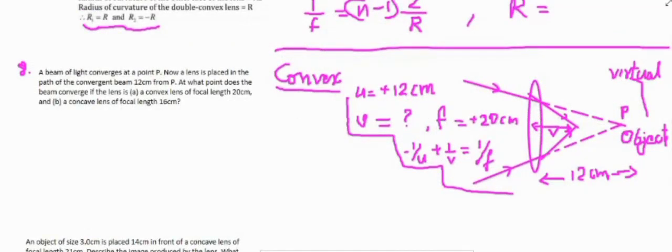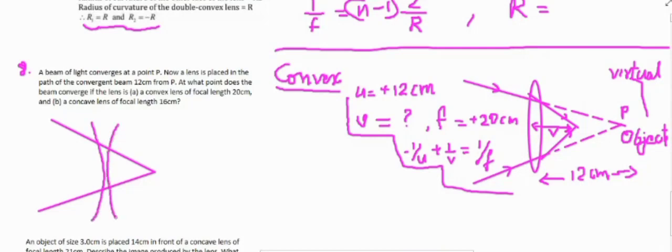Now next, take the case of concave lens. Again, the situation is the same. So for concave lens, we can take the converging beam in this way. On the path, one concave lens is placed, and a concave lens is a diverging lens. Being a diverging lens, this ray will be diverged.